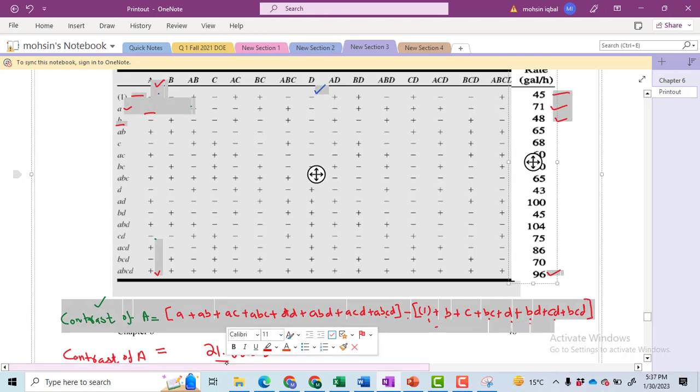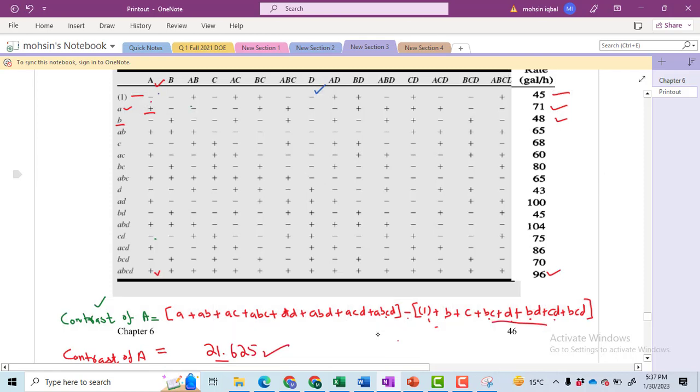So I will write here effect of A. Now what's the method of finding the effect of A? I write here effect of A because I haven't any space left, so just put a line underneath these 8 observations and a line underneath these 8 observations. I have to calculate the mean, so I will divide by 8 here and 8 here.